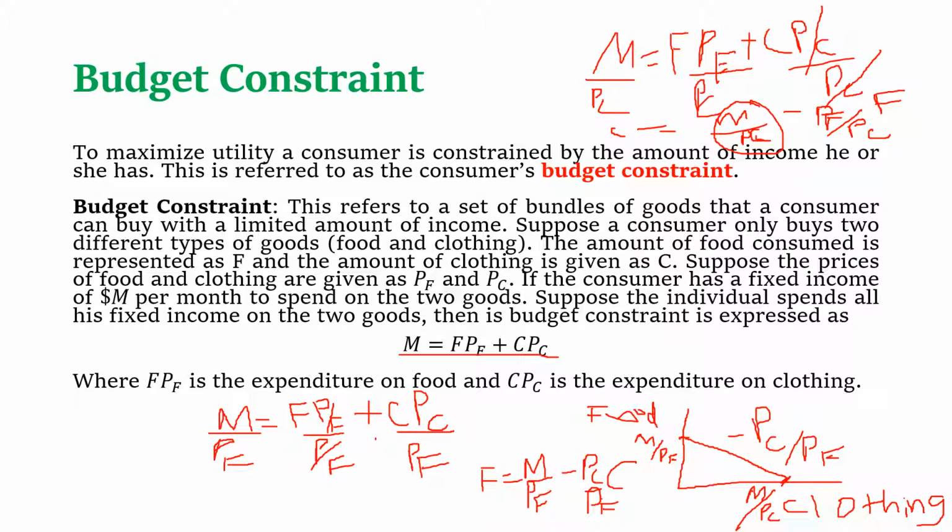Now, if you look at this budget line here, all the points within this region are feasible, they are attainable. But if we take any point outside this budget line, they are not attainable, in other words, not feasible. The consumer cannot afford to be on that end of the budget line. Okay, so let's move ahead.